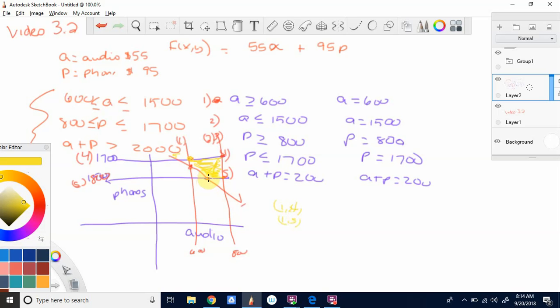And then here, this is going to be 3 and 5, so 3 and 5. This one's going to be 3 and 2. And then this one's going to be 2 and 4.